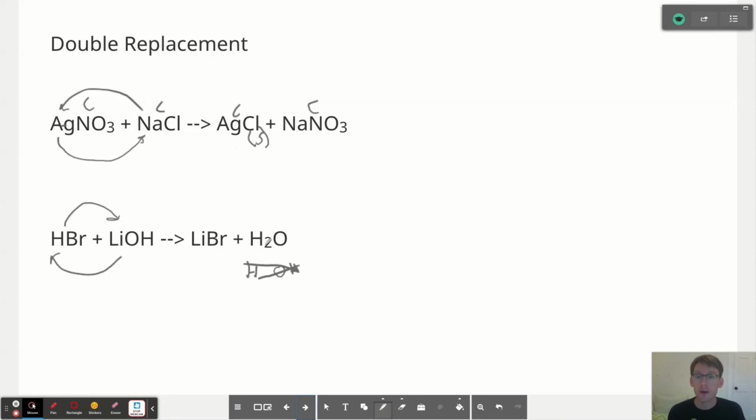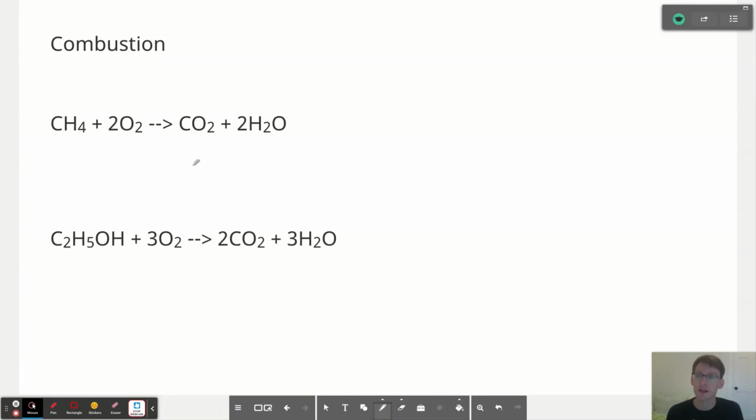But for now, we have these four reactions: the synthesis, the decomposition, the single, and the double replacement. And the fifth type of reaction is called combustion, which is very easy to spot because all we need is carbon dioxide and water as products and oxygen as a reactant.